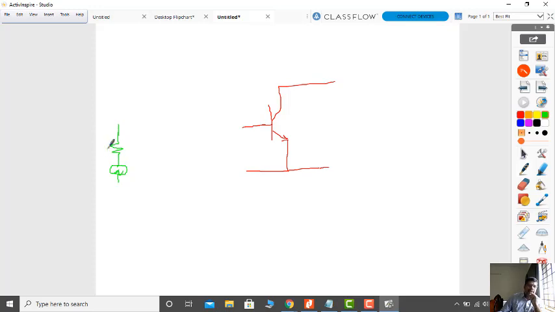Let us take the source impedance or resistance as 50 ohm, and there is a load. Let us say the load is also 50 ohm, and the source is connected with the input terminal of the transistor through a matching network, that is the input matching network.